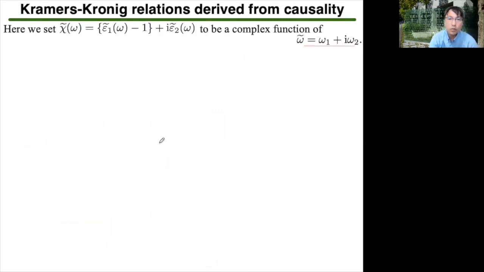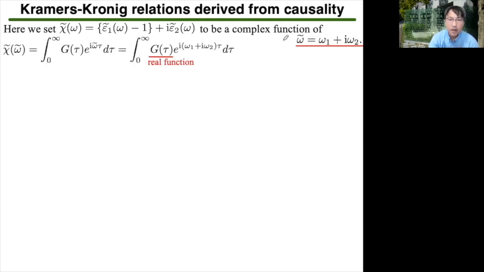In order to know the mathematical nature of the dielectric function epsilon tilde and electric susceptibility chi-tilde, we expand chi-tilde as a complex function of the complex frequency omega tilde equal to omega 1 plus i omega 2, as shown here. Then this expanded function chi-tilde is expressed like this.